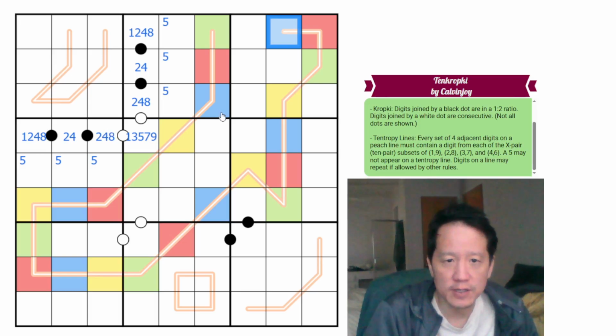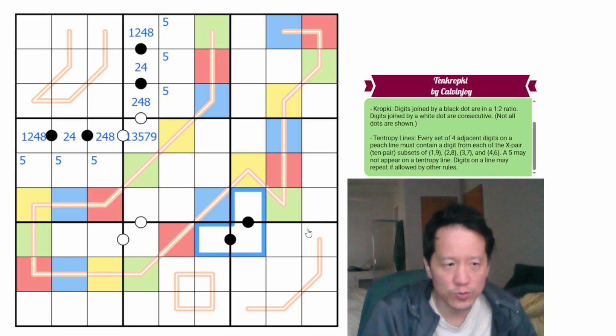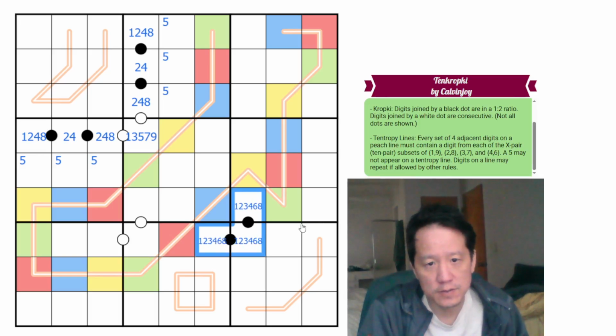What does that mean? I'm not sure. These are 1, 2, 3, 4, 6, and 8. Right?